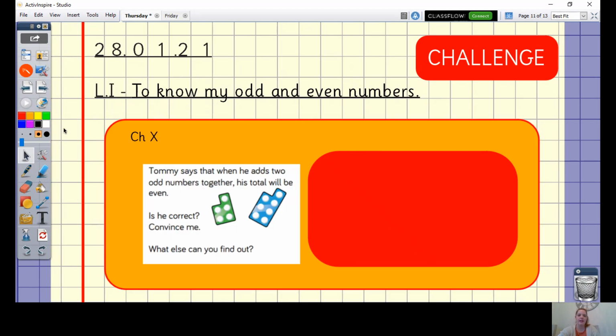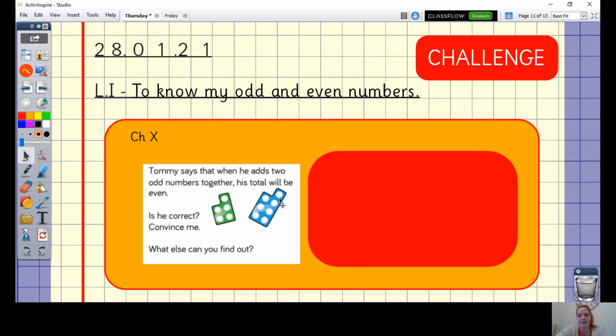So finally then, for your challenge X, if you'd like to stretch yourself that bit more. Tommy says that when he adds 2 odd numbers together, his total will be even. Is he correct? Convince me. So for example, here we can see a 5 numicon piece and a 7 numicon piece. Okay, does that make an odd number or does that make an even number?